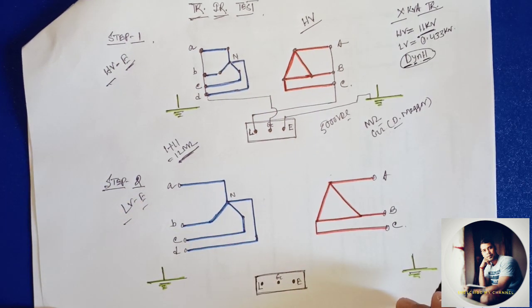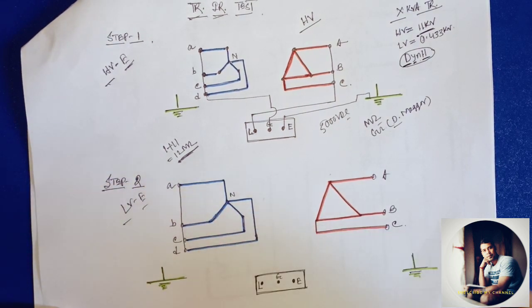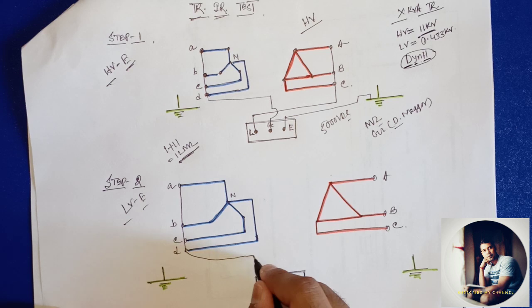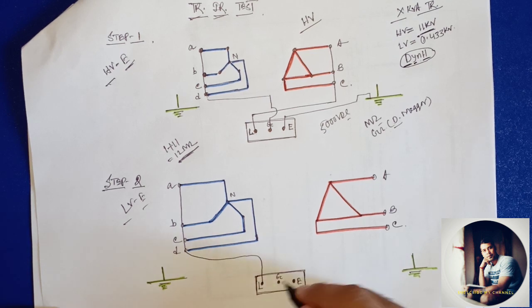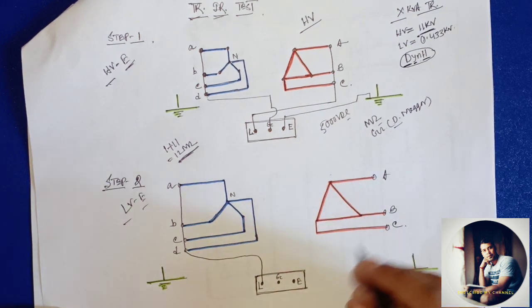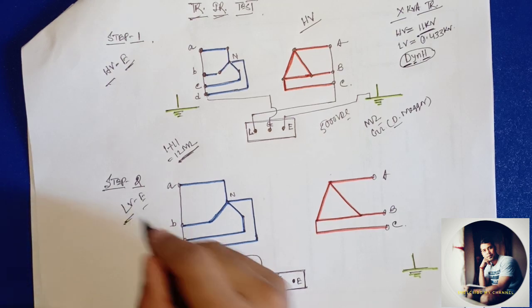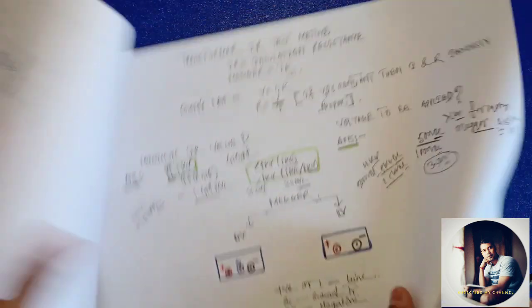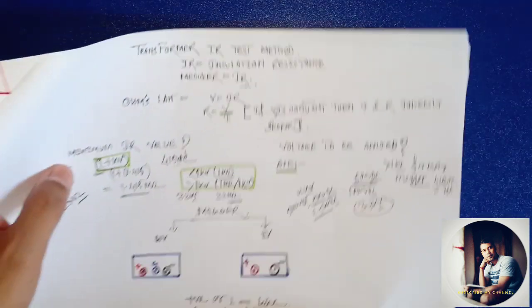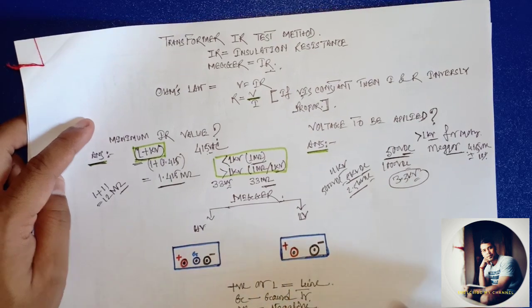So in that case you can simply short all 4 terminals and connect them to the live terminal. In that case you can simply avoid connecting the guard to the ABC, because this is a low voltage system; as I said here you can see, there is no guard terminal in the LV system.